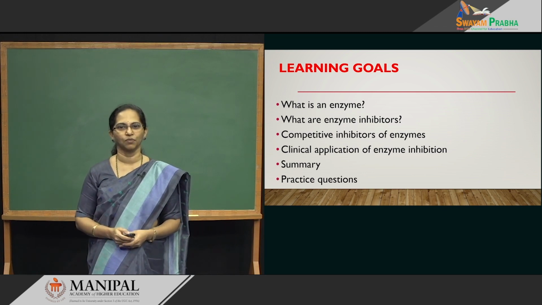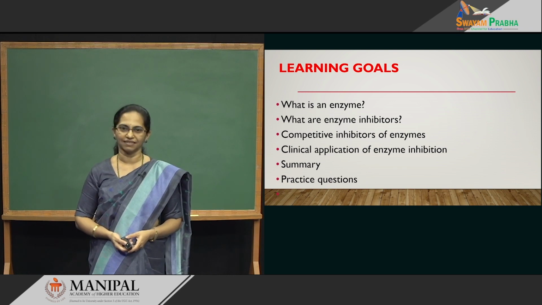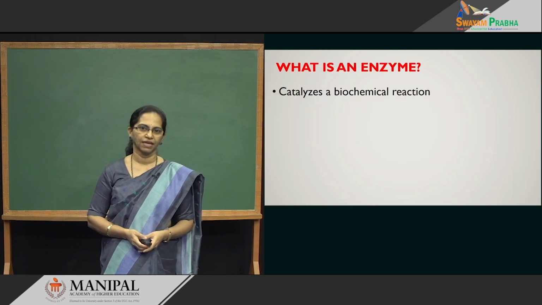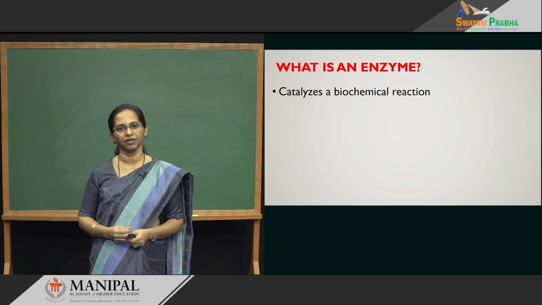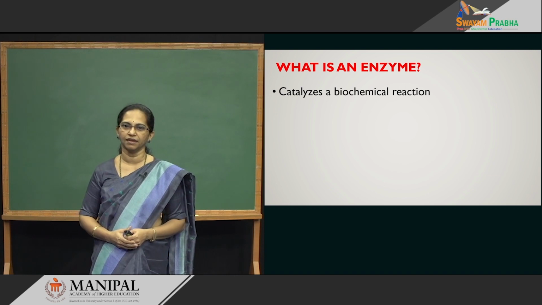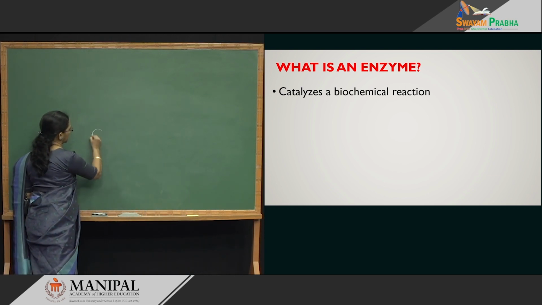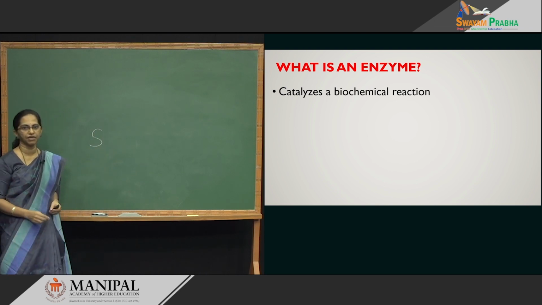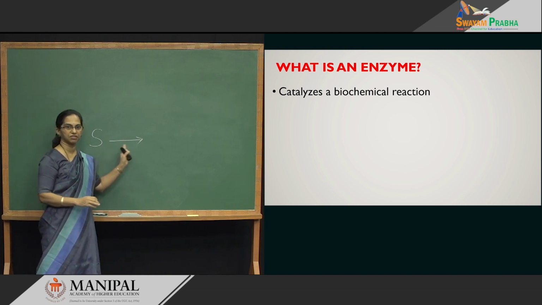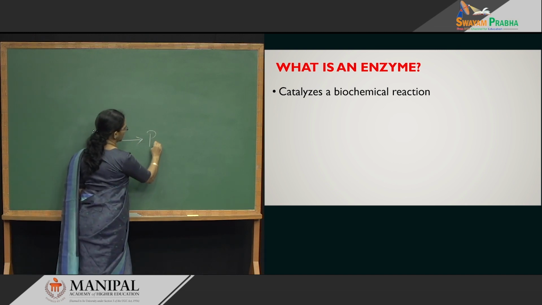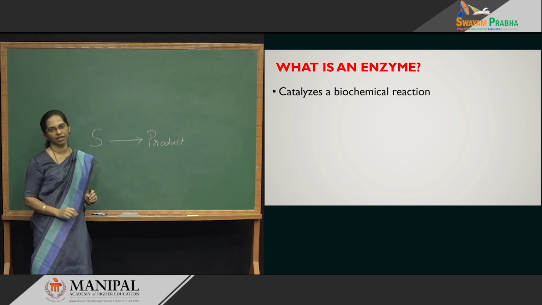So, let us begin with the basic thing first, that is, what is an enzyme? An enzyme is a substance or a catalyst that will enhance a chemical reaction. So, what is a chemical reaction? You have a substrate, and a chemical process that converts a substrate to a product is called a biochemical reaction.